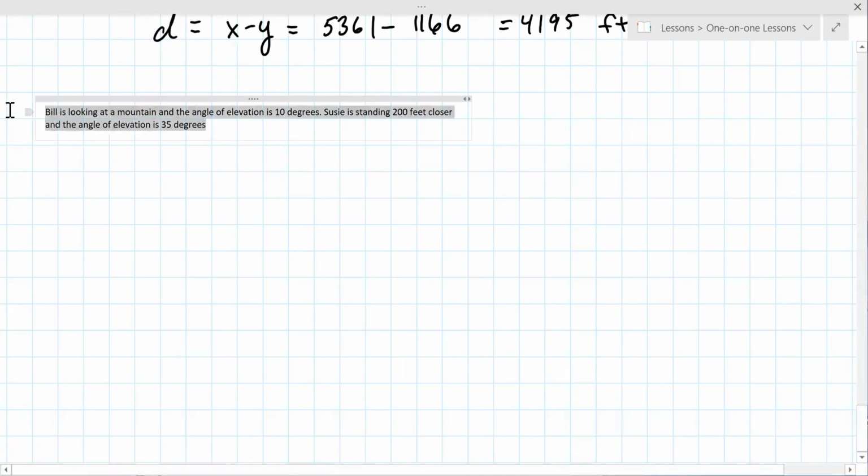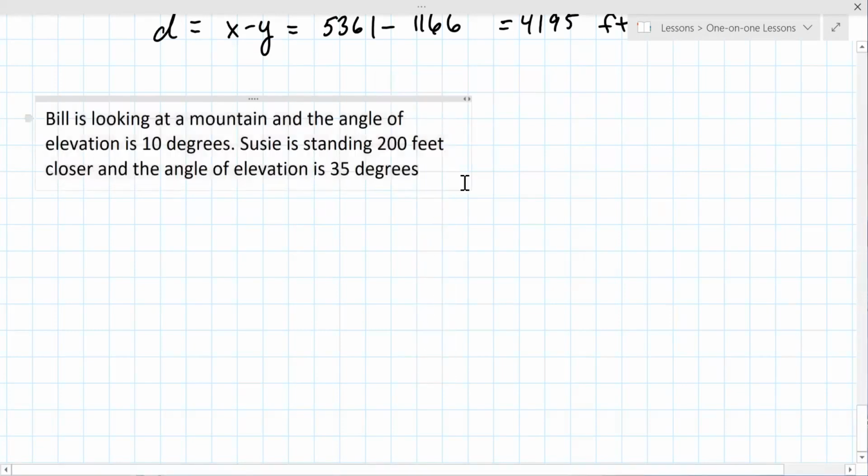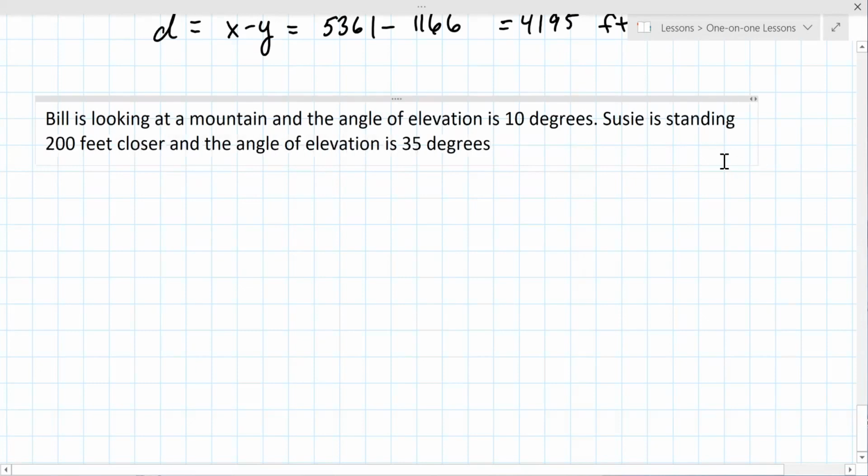What's the height that they're both at? The height is not given. Oh, okay. And there's a reason for that, because that's one of the things you solve for. But let's just see if you can draw the picture. Angle of elevation is 10. 35.